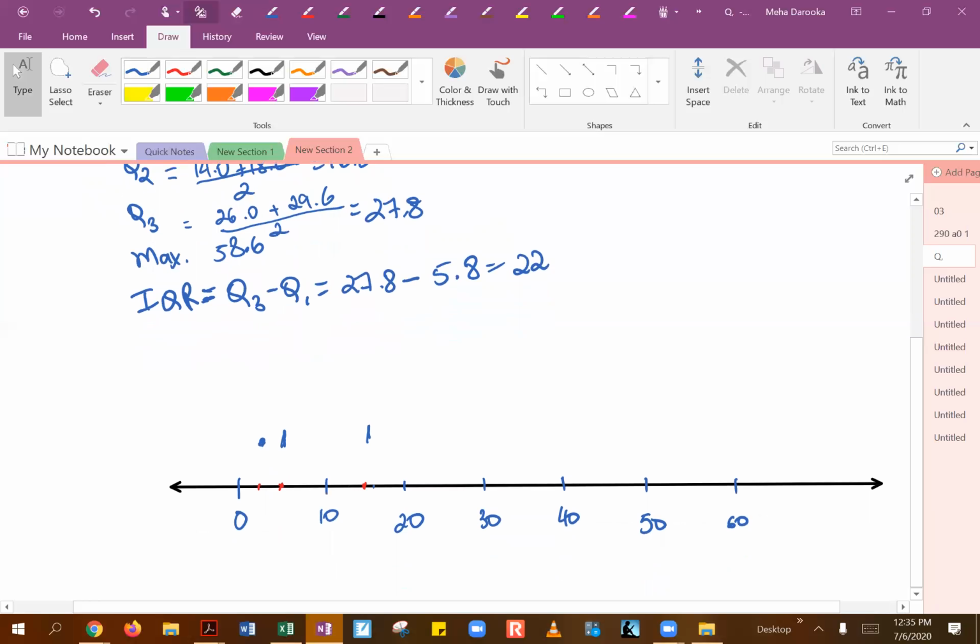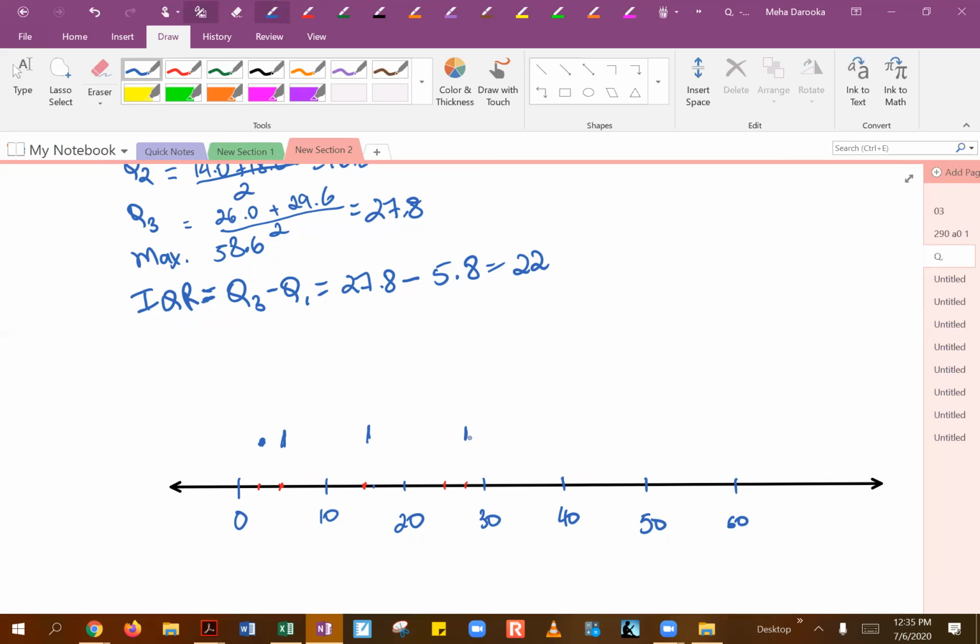Quartile 3, we are at 27.8, so close enough to 28. So again, of course, halfway mark would be 25. If we did another halfway mark, that would be 27.5. So as you can see, again, we will be just a little bit after that. So you can put another vertical mark for the 27.8.